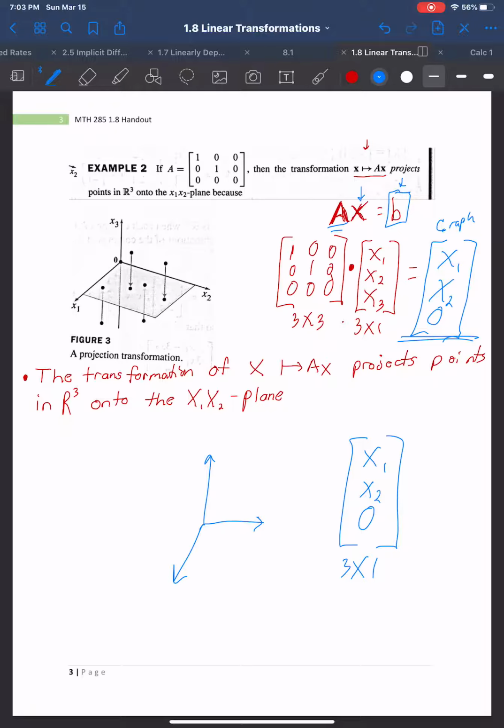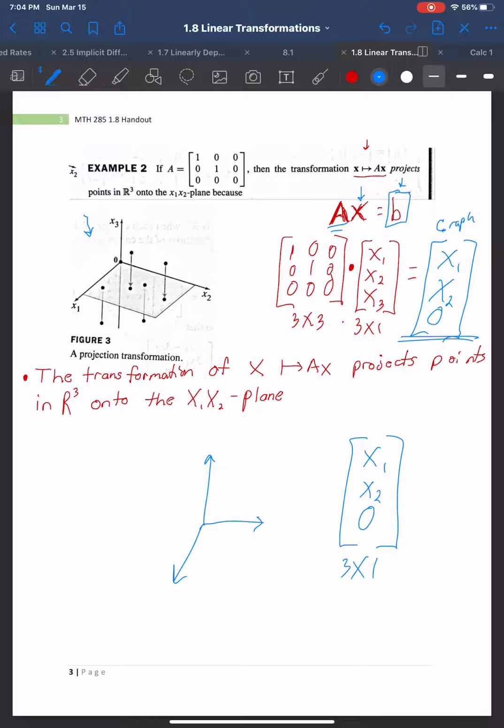We have three variables, but our third variable is already defined to be 0. In other words, we have length, we have width, but we have no height. So what do we have? Well, it makes sense. This figure 3 tells it all. You really have a plane nestled in space, the x1, x2 plane.